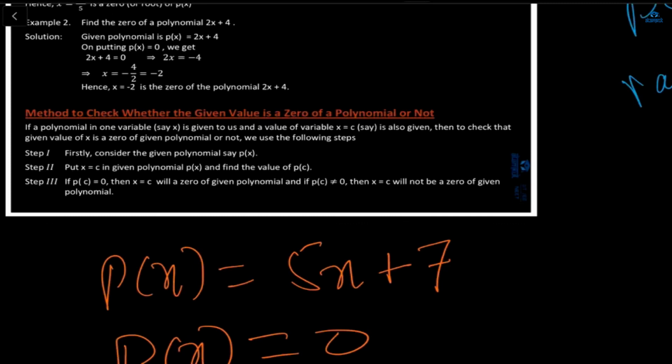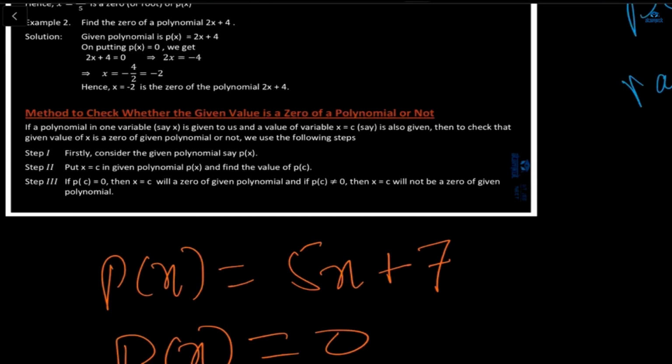Let her answer, Shazan. Zikra, listen. What you're going to do first: p(x) is given to you, and the question is whether a is the zero of the polynomial p(x). Then you put the value of x as a.